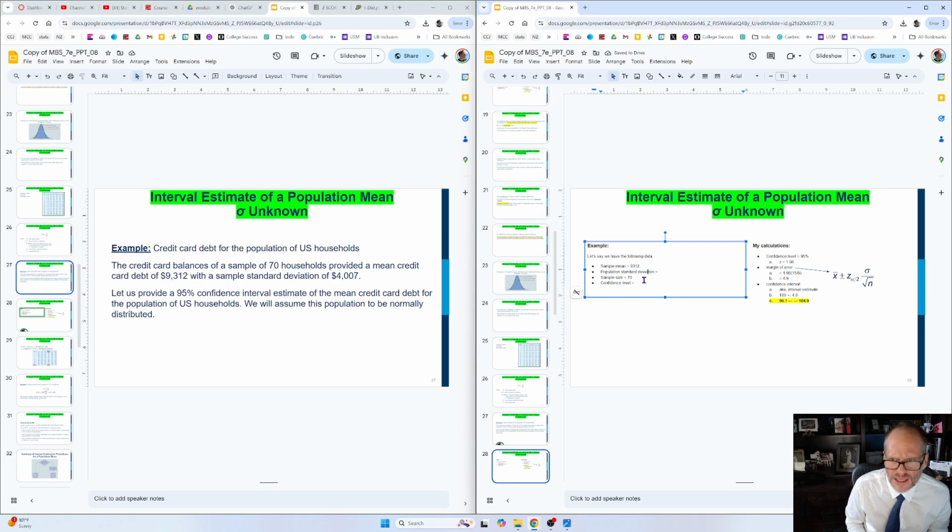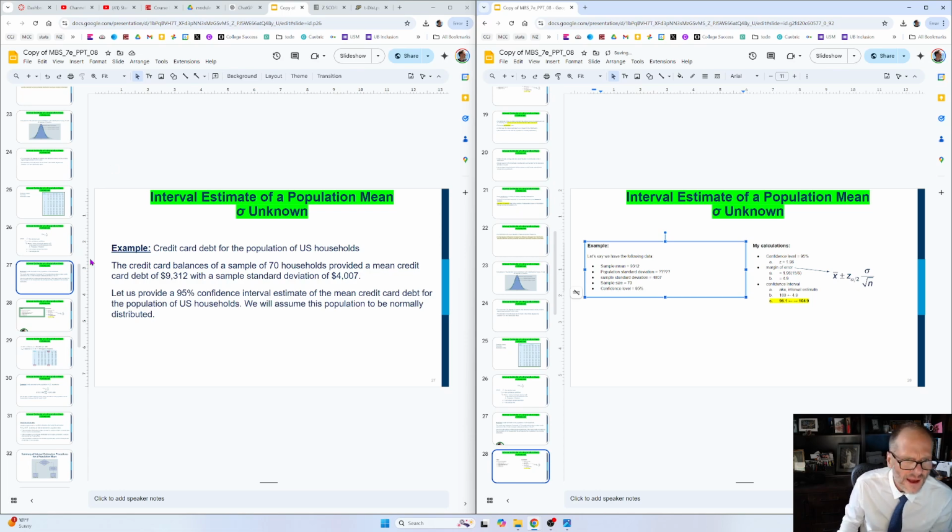Our population standard deviation we don't know, and our sample standard deviation is 4007.